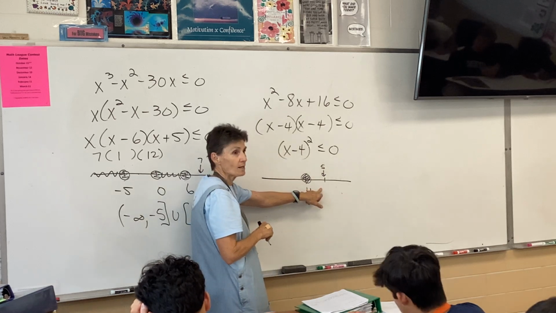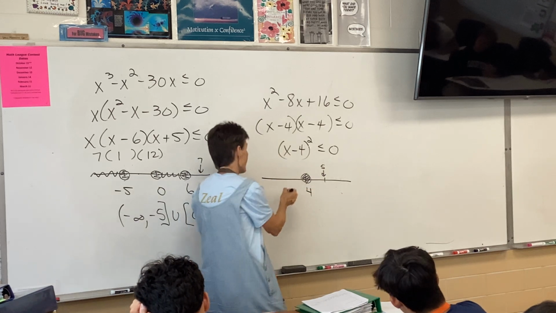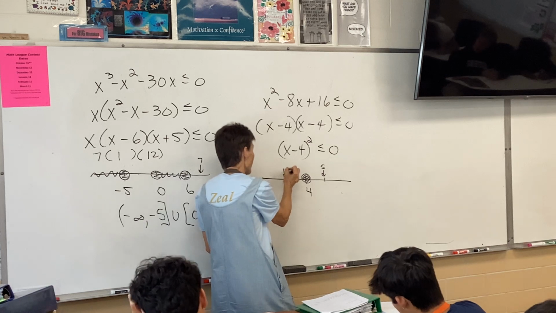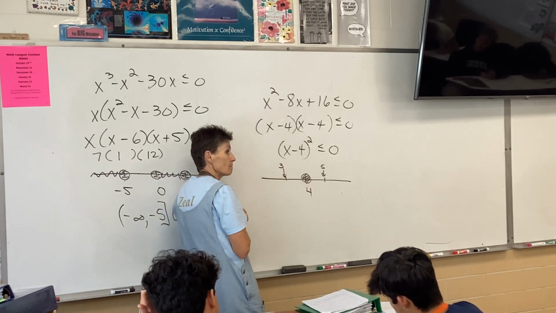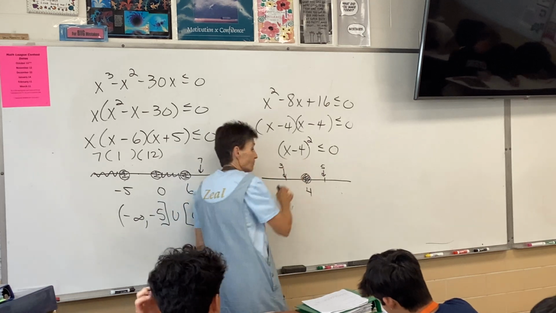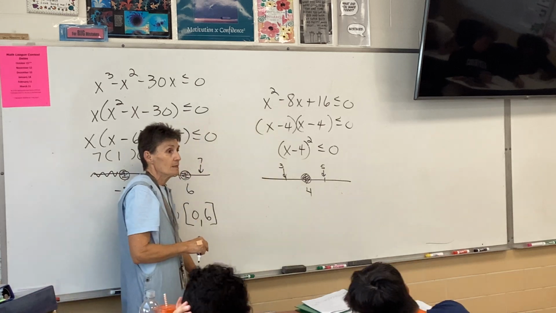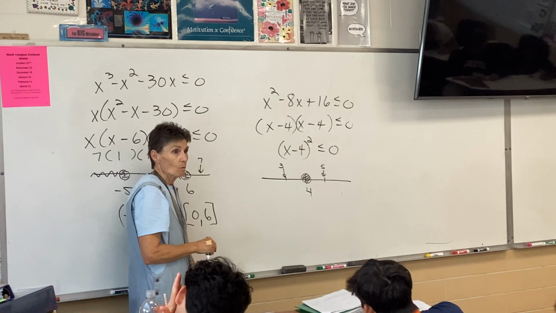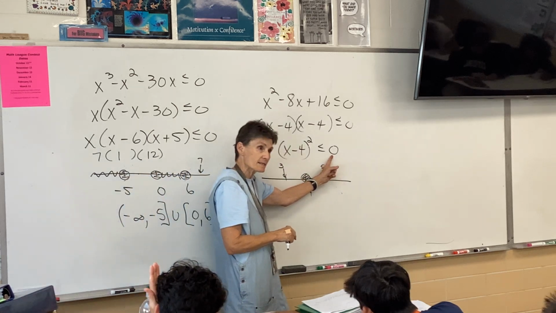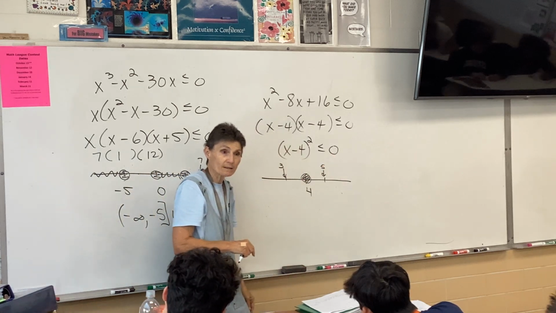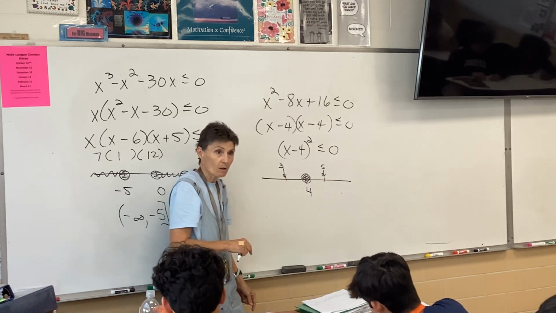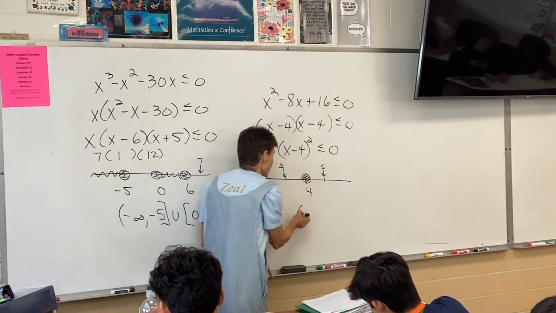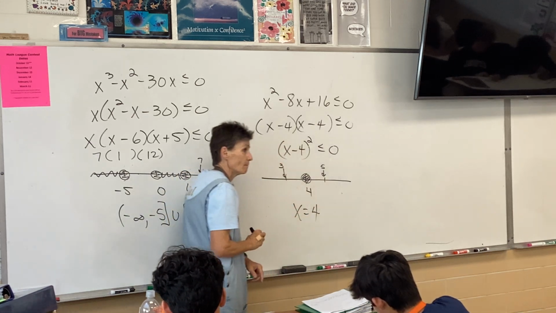So I won't shade over there. Now I'll come over here and maybe I'll try 3. 3 minus 4 is -1. -1 squared is 1. Is that less than 0? Guess what? We don't shade at all. The only answer to the problem is x equals 4.